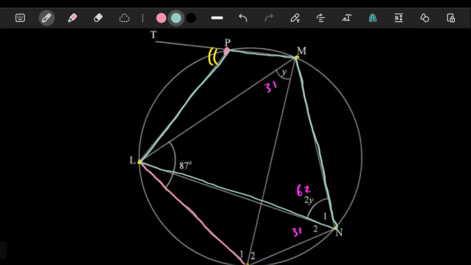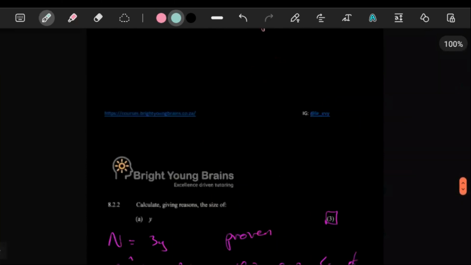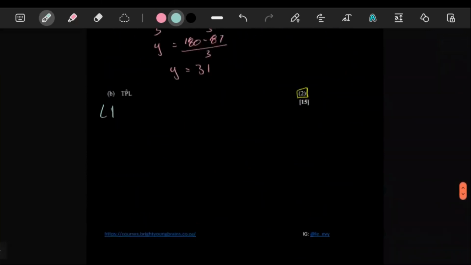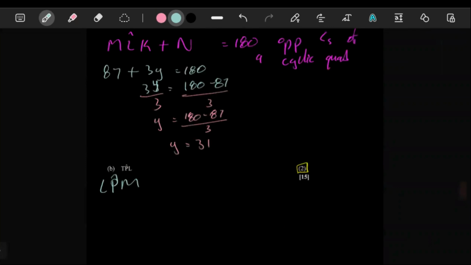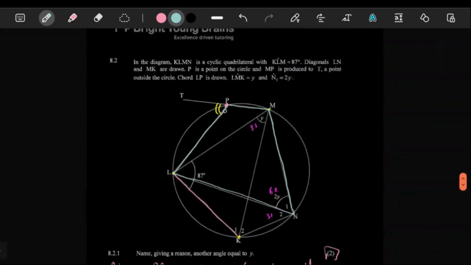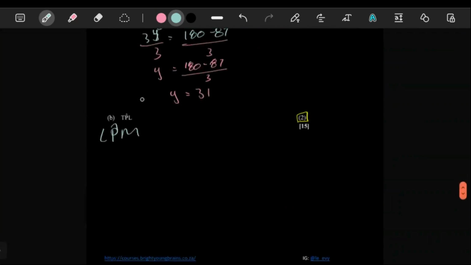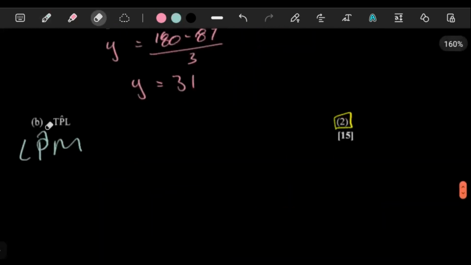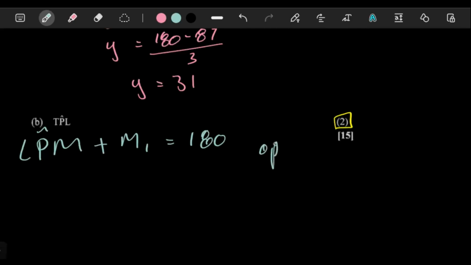So LPM plus N1, LPM, which is this angle there, if you add N1, it should equal 180. So let's write that down. The reason is opposite angles of a cyclic quad.